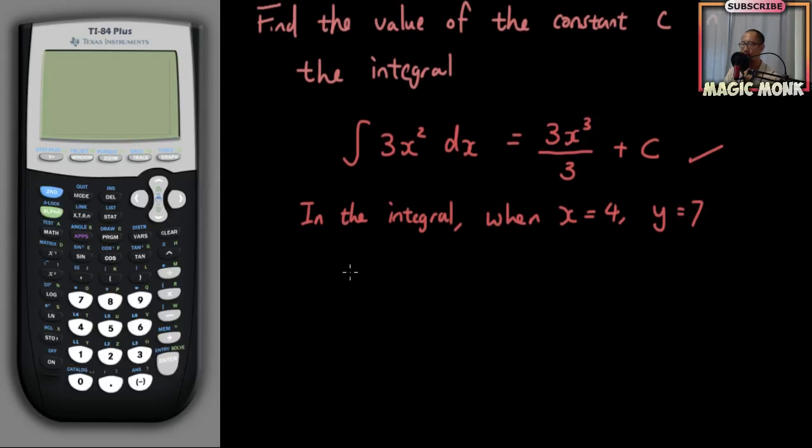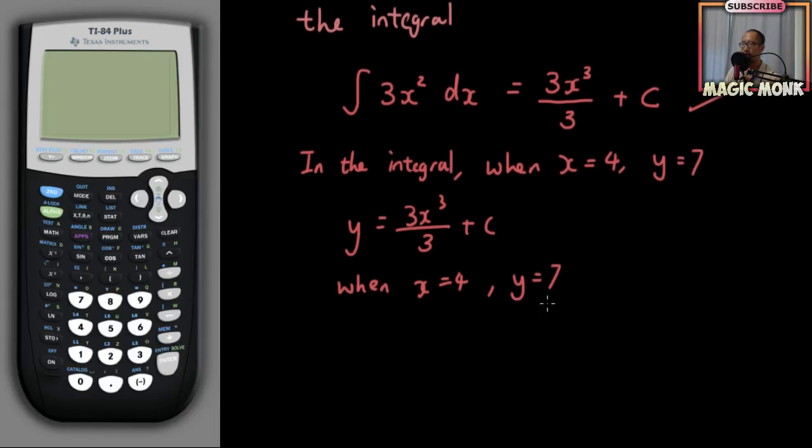So y equals 3x cubed over 3 plus c. When x is equal to 4, y is equal to 7. You can substitute 7 where y is and 4 where x is, and now you can find out what c is.